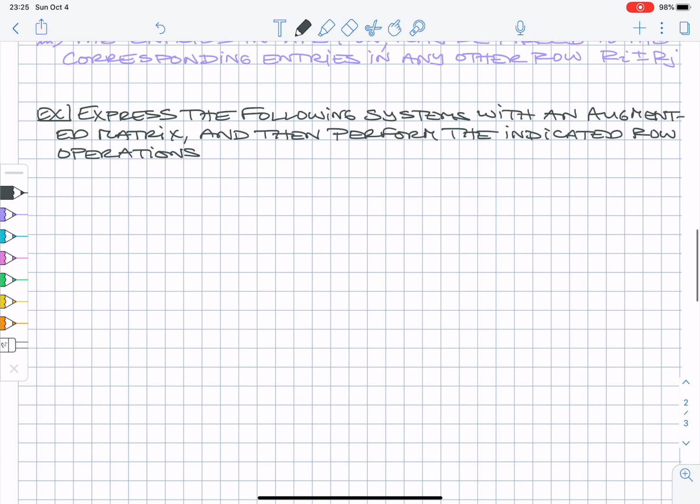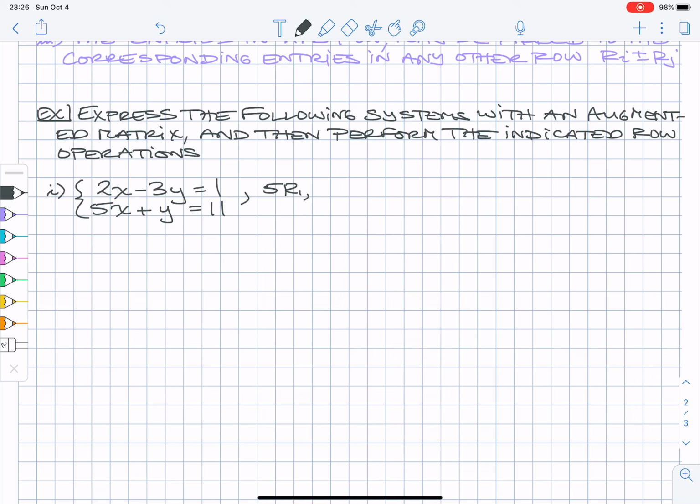Okay, so number 1, we have 2x minus 3y is equal to 1, and 5x plus y is equal to 11. Then I want you to find, how do I want to put this? 5, row 1.